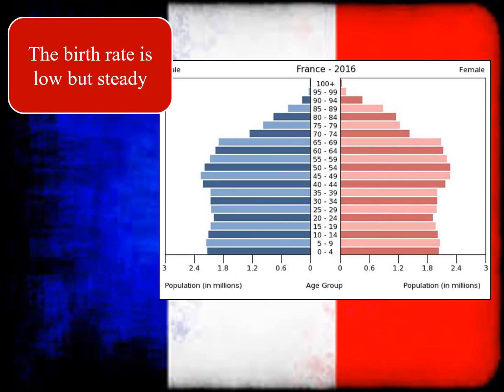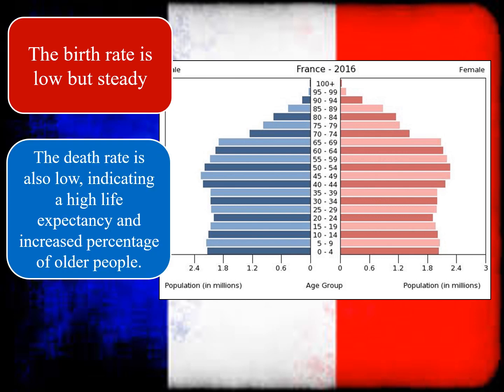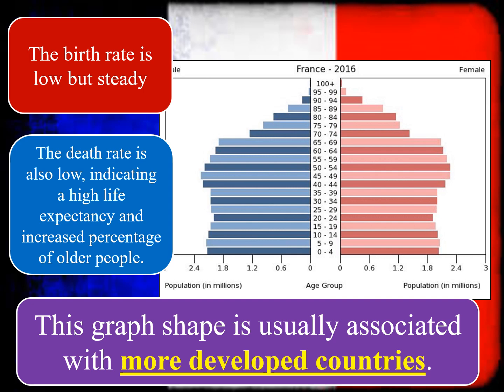The birth rate is low but steady. The average woman has 2 children. Those 2 children replace the 2 parents when they die. Population remains the same. The death rate is also low, indicating a high life expectancy and increased percentage of older people. This graph shape is usually associated with more developed countries.